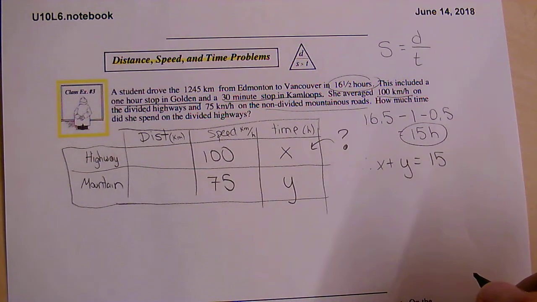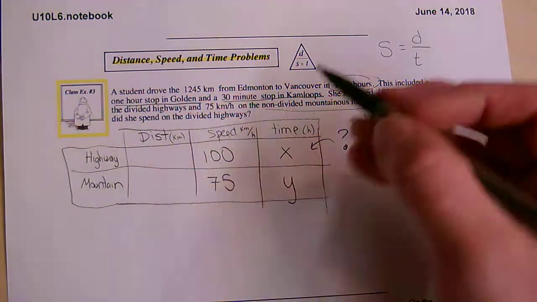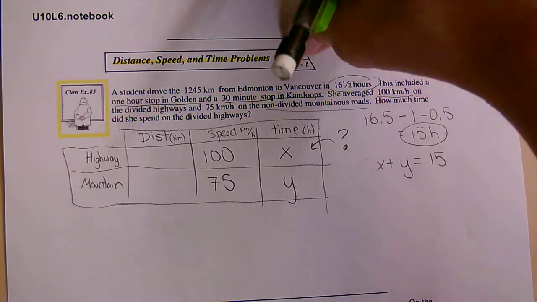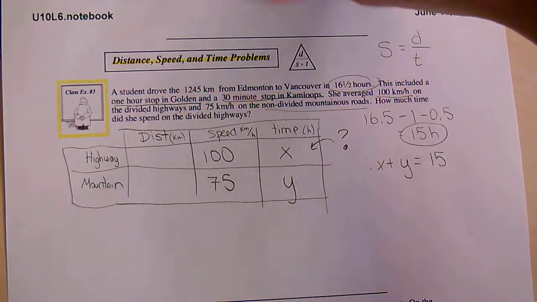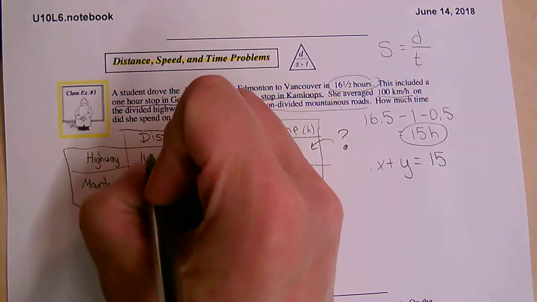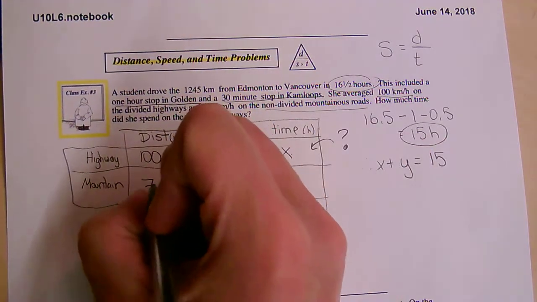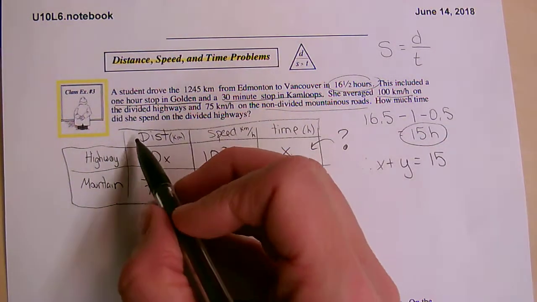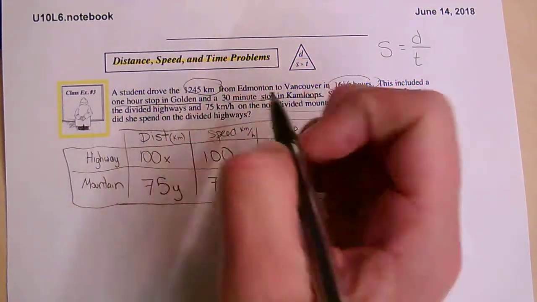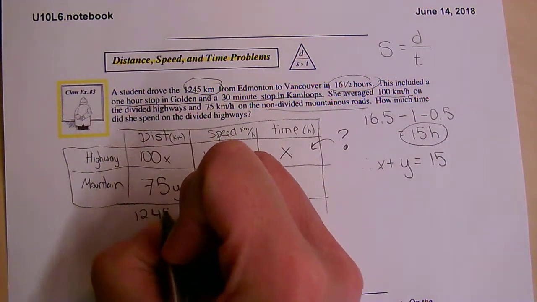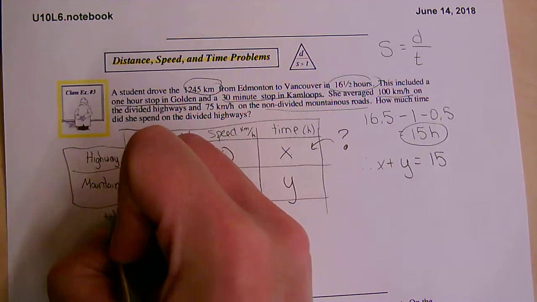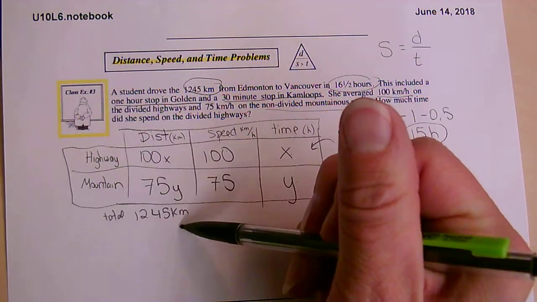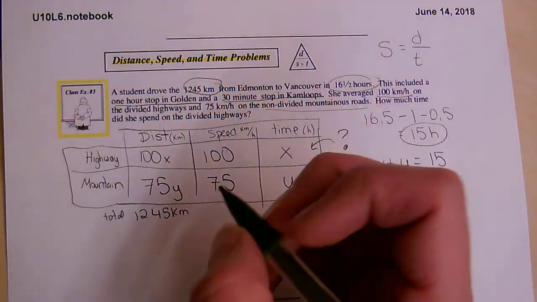Okay, so then for my distance, remember, if I were to cover up distance, I multiply my speed and my time. So that's going to give me 100x and 75y. Okay, and my distance, remember my total distance is 1,245 kilometers. So total, all I have to do is add those two together.